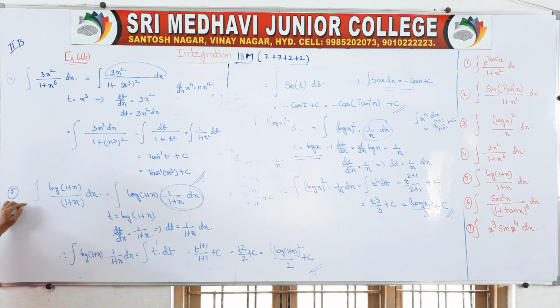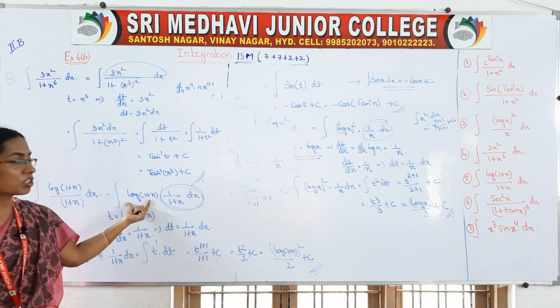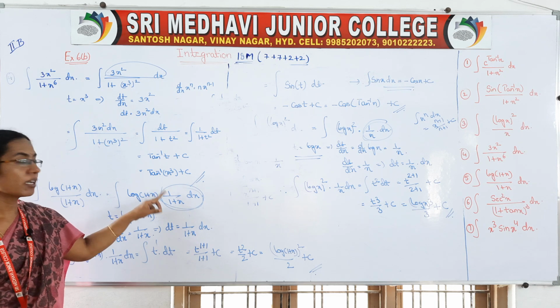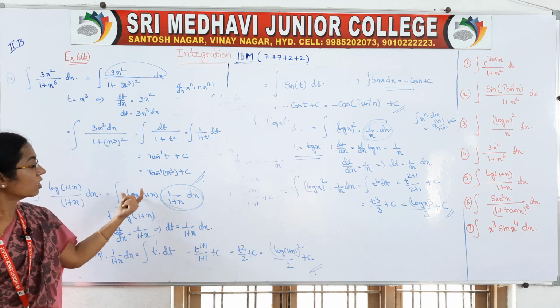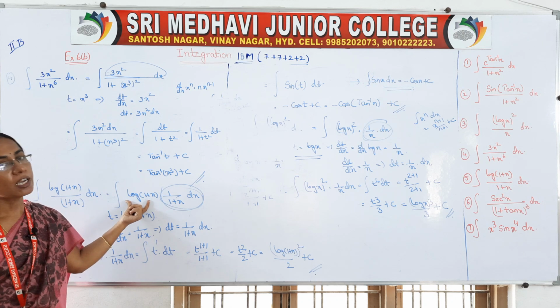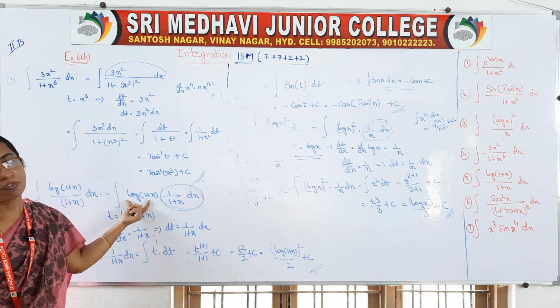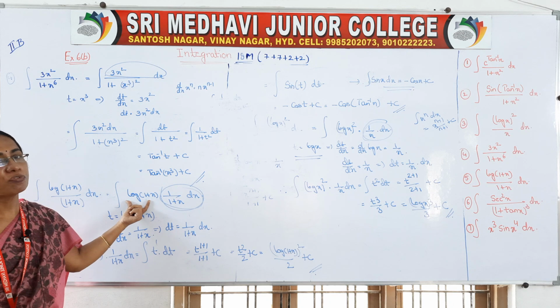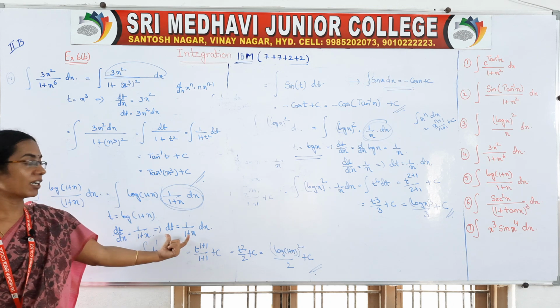So you know it very well. Derivative of log of any value is 1 by of that value. If you observe this question, log of this value is given, 1 by of that value is given. So you take this value as a t and differentiate it. Differentiation of log of any value is 1 by of that value. So we got that one.